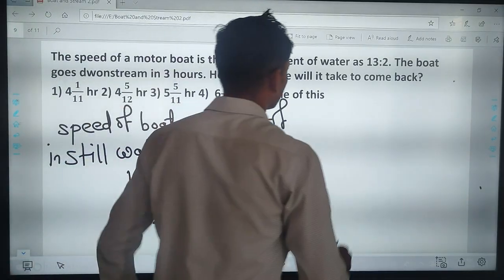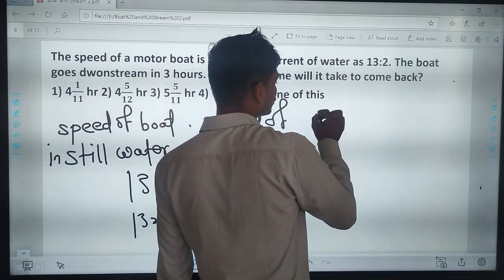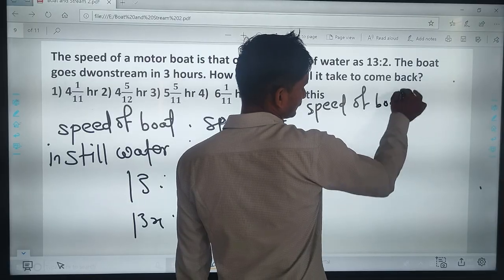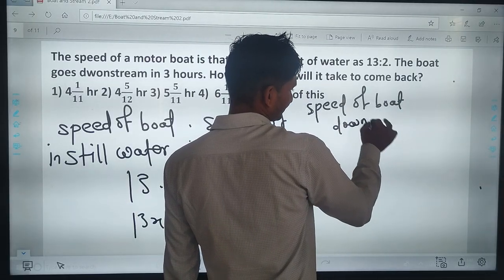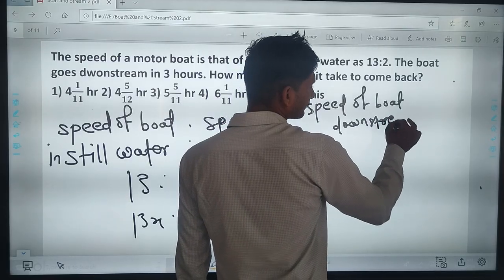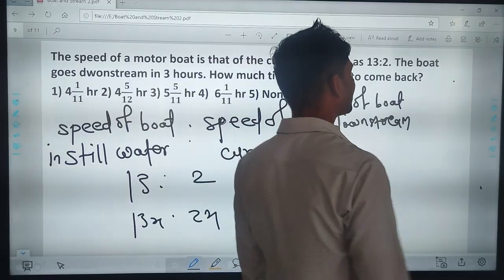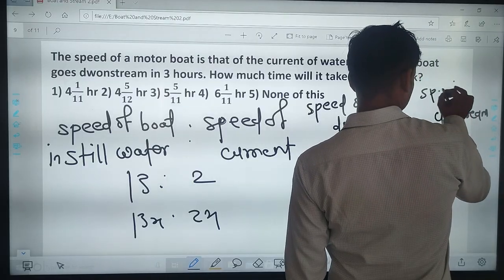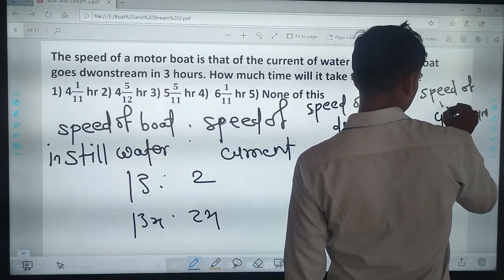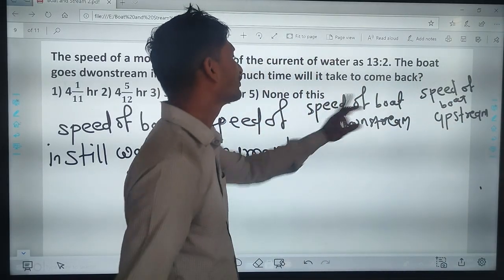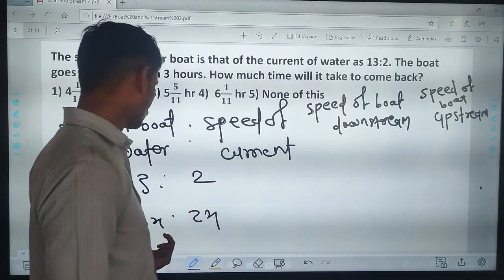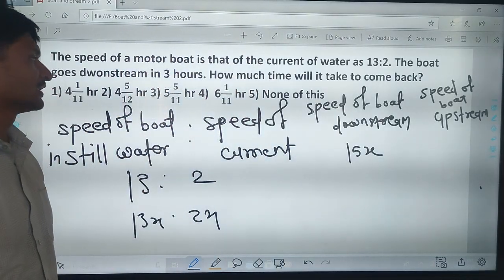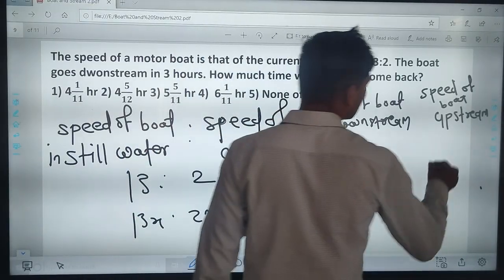Now we have the downstream speed and the upstream speed of the boat. The speed of the boat downstream is the addition of 13 plus 2, that is 15x, and the speed of the boat upstream is the subtraction of these two, that is 11x.